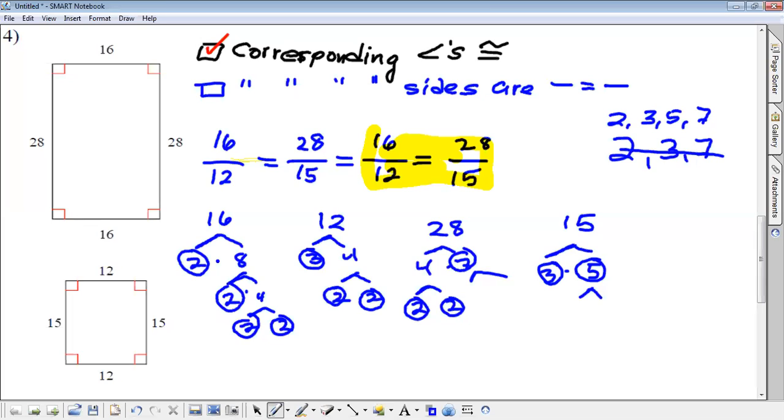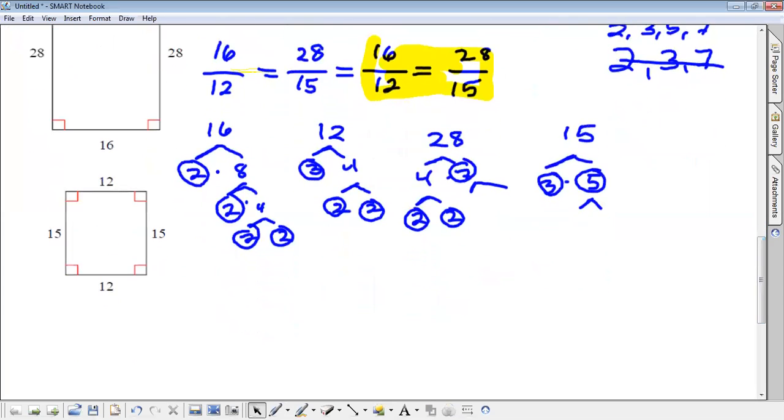Okay, now I'm gonna rewrite the fraction with the prime factors. So instead of 16, I'm gonna put in 2 times 2 times 2 times 2. Factor of 12, I got this, put them in order from smallest to biggest.